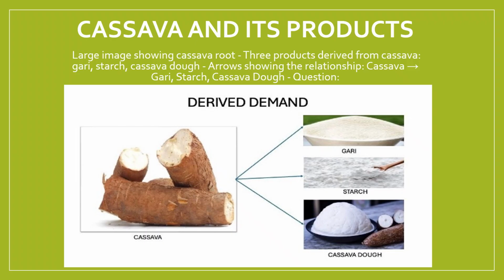Of the relationship, if people want more gari, what happens to the demand for cassava? That's the question. Are these 3 products independent, or is their demand connected? Write your observation on a sticky note. What do you notice about how these goods are related?